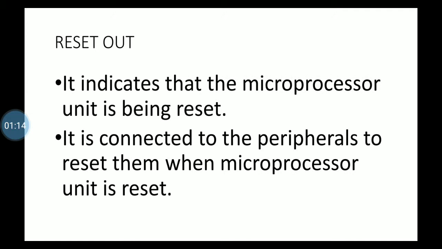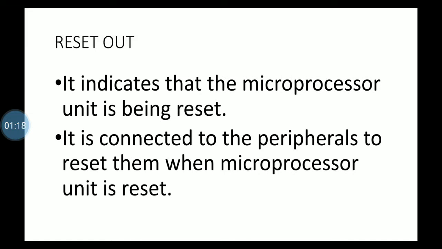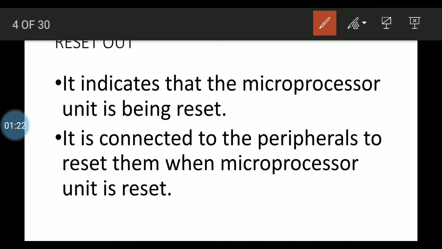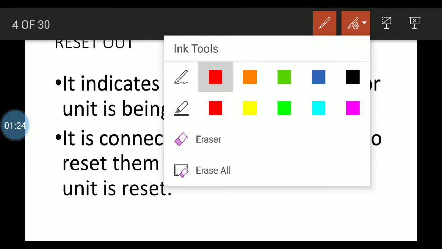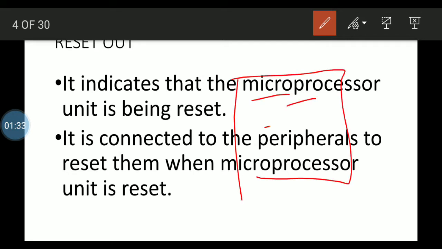Second one, RESET OUT. It indicates that the microprocessor unit is being reset. Whatever is present in this microprocessor unit, all this data will get reset. Reset means I am erasing it.